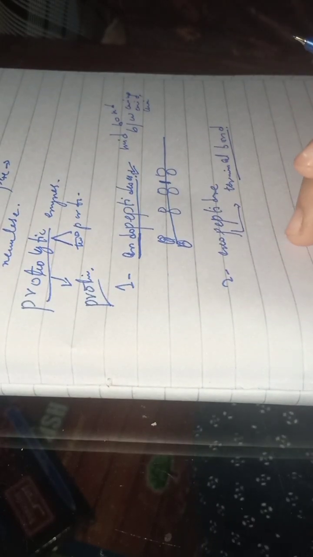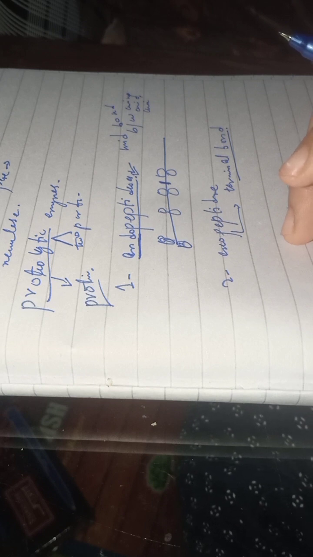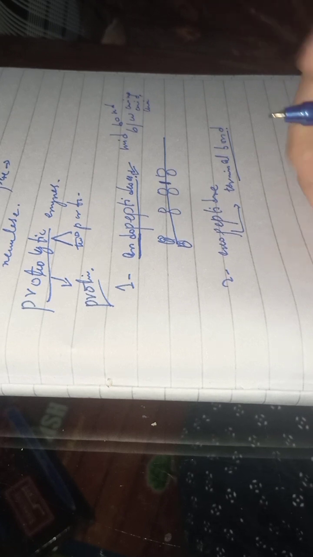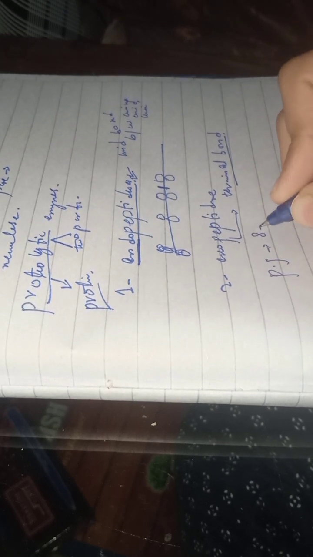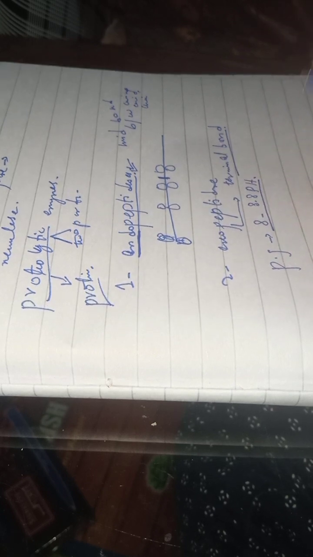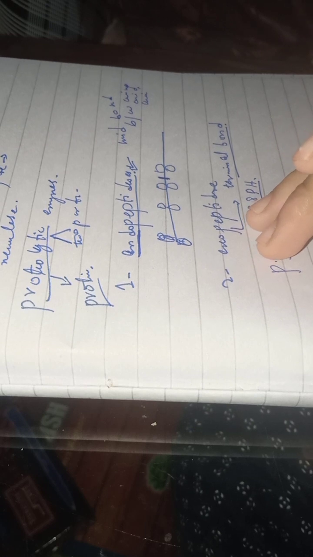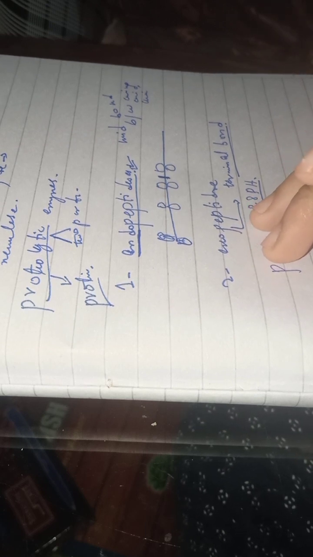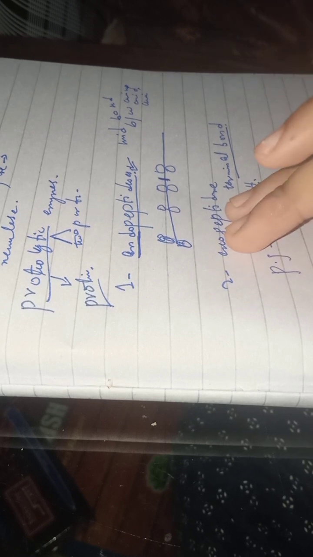So that was all about the endopeptidases and exopeptidases. Basically, the pancreatic juice will work at a pH of 8 to 8.8. In acinar cells, mitochondria, Golgi bodies, and endoplasmic reticulum are present. So that was all about the pancreas.